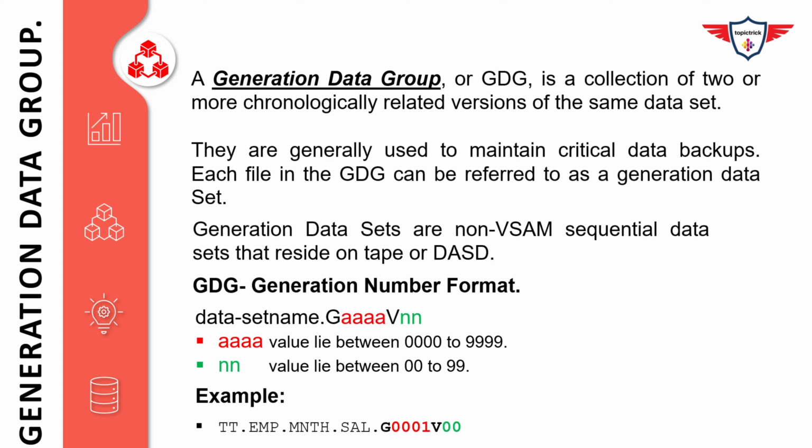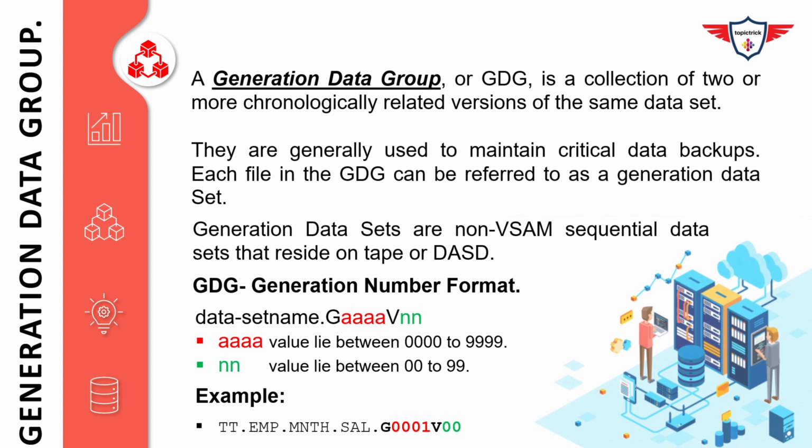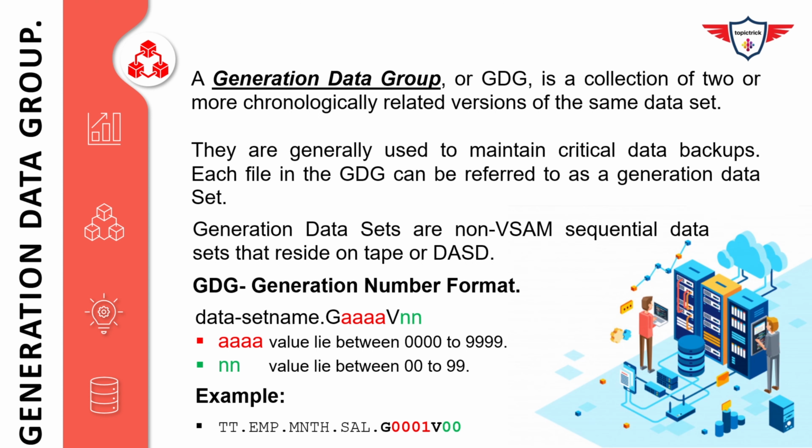The naming convention of generation datasets is slightly different. The operating system uses the absolute generation number to uniquely identify each generation dataset. This number is added at the end of the dataset name. So the format is dataset name dot absolute number followed by a version number.